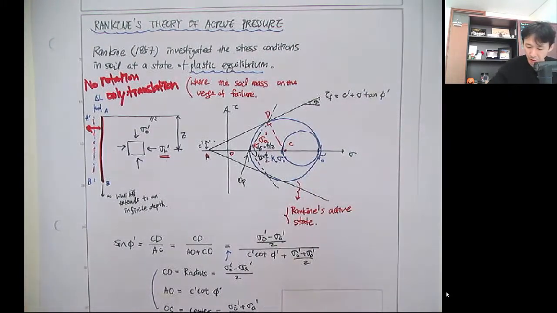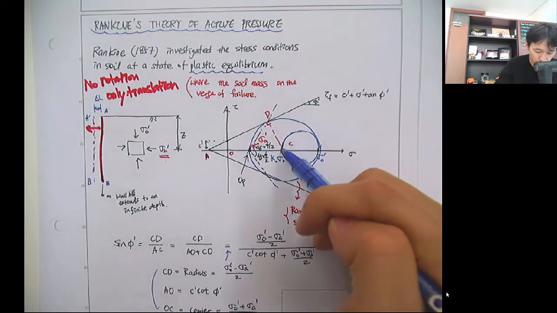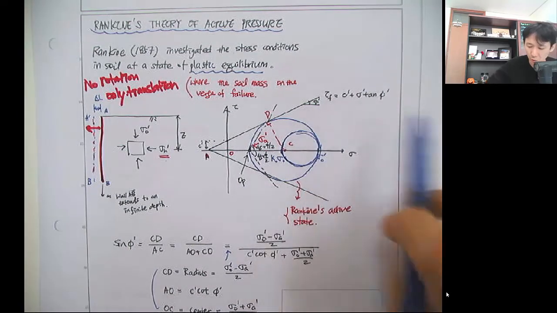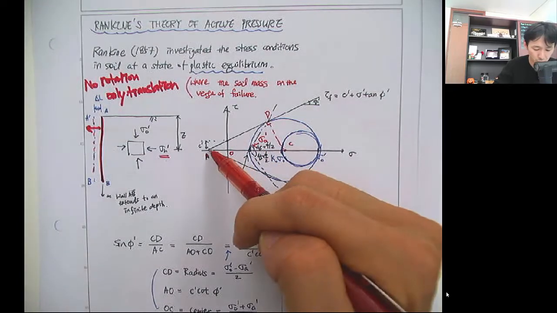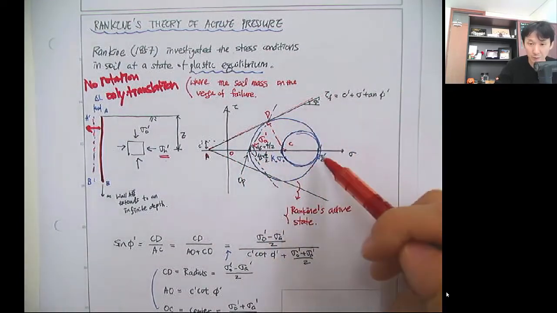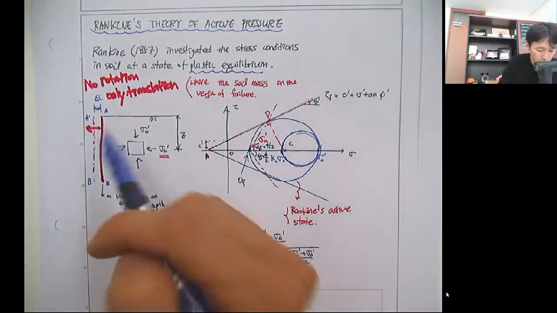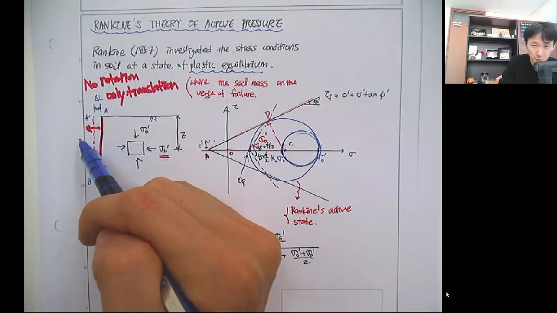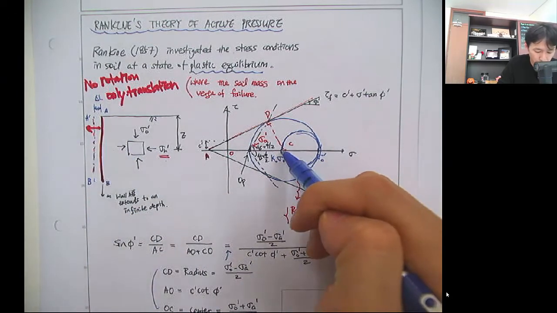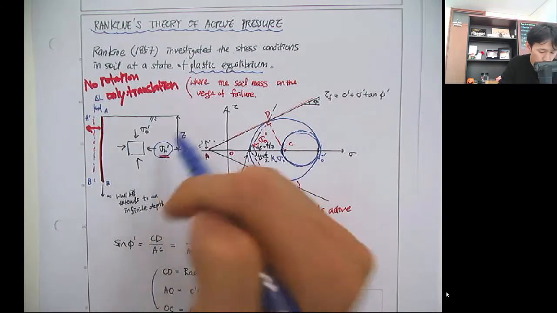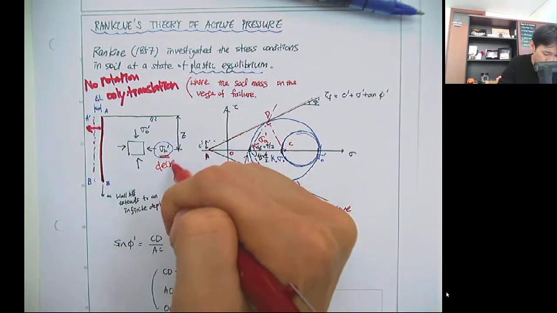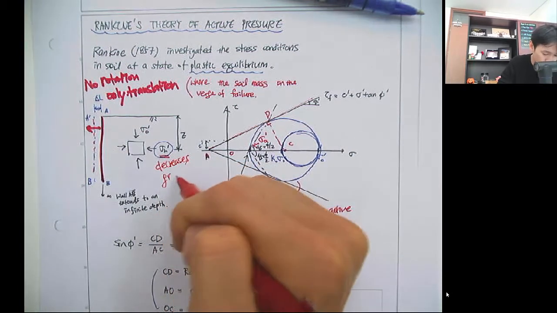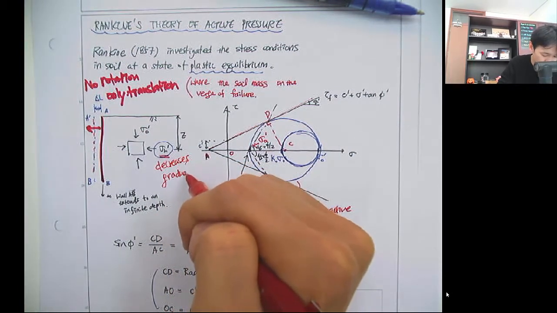In the beginning, you have a Mohr circle here, a small one. So it's inside this Mohr-Coulomb criteria, so it's safe. But as this wall is moving toward outside, the horizontal stress sigma h prime will decrease gradually.